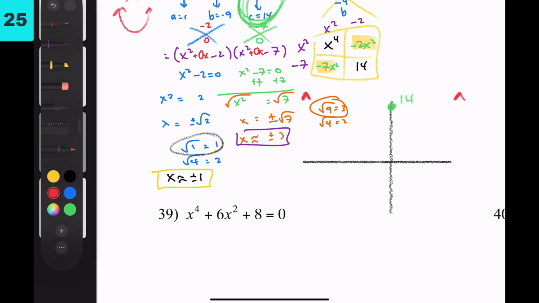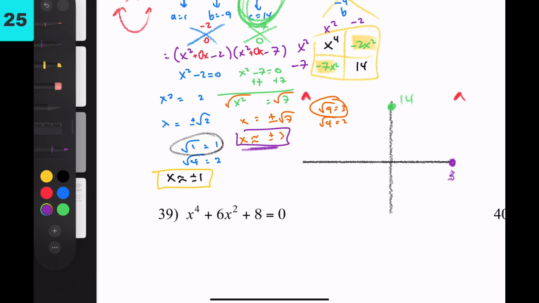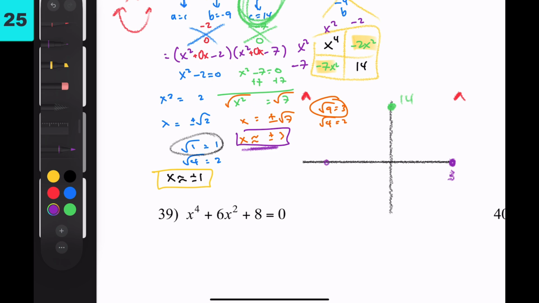And then we set in purple that's near plus or minus 3. So if I said this was 3 and this was -3, we're saying it gets close.